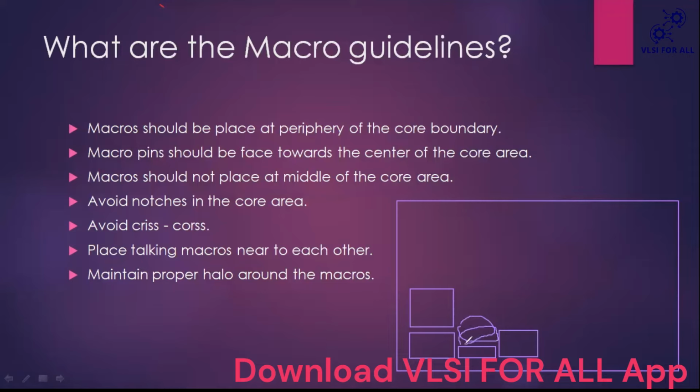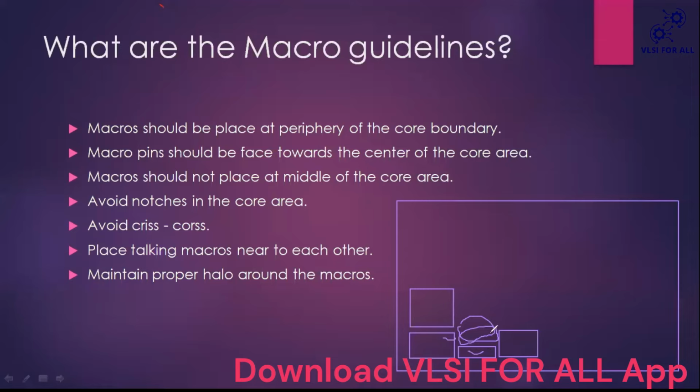If there is area here, the tool will try to place standard cells here. If there are many standard cells here, they also need routing tracks. This macro also needs routing tracks, and this macro also needs routing tracks. So more congestion will occur in these places.